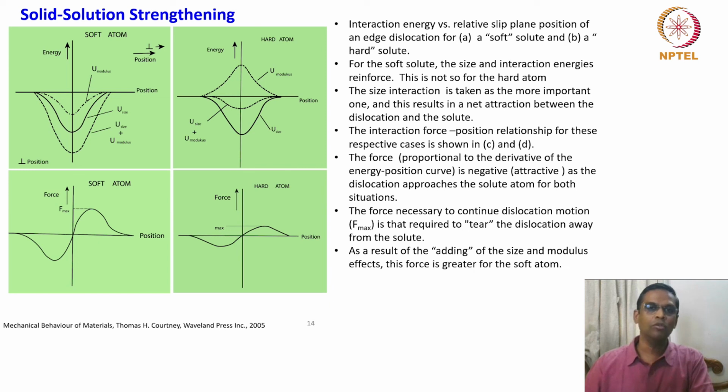This gives a clear idea: if you add a soft atom to the solvent, that is going to result in a higher F max. You are going to require a higher force to move the dislocation.